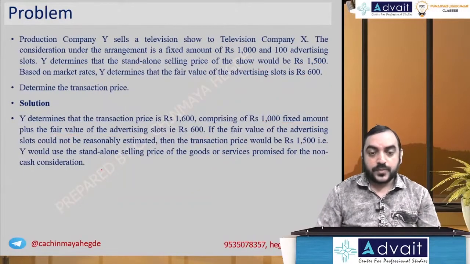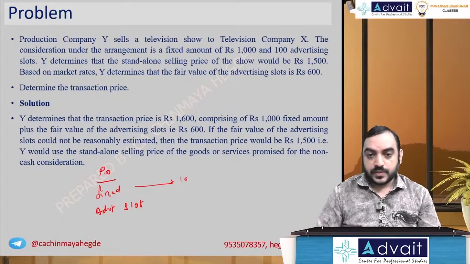Okay, so we are having two types of performance obligation here. One is the fixed amount, other is the advertising slot. Now the fixed amount is 1000 and the advertising slot is 600. It would be 1600.